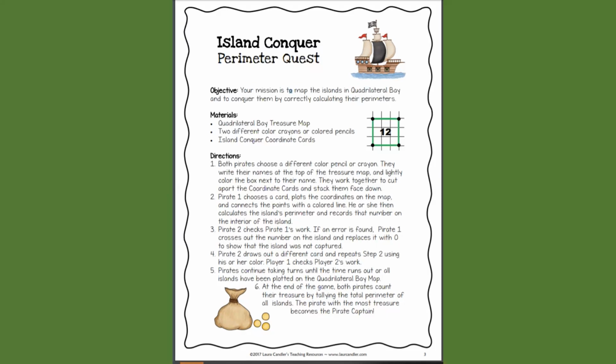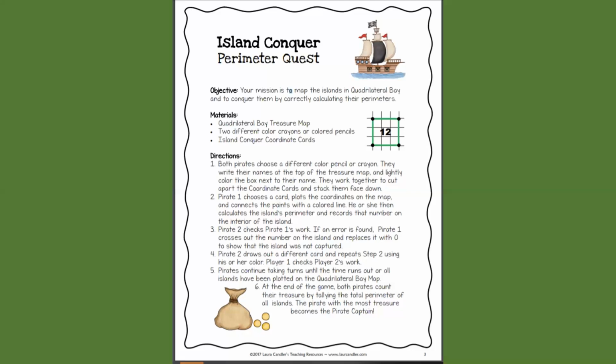Your directions: you are both pirates, so it's a two-person game. Both pirates choose a different colored pencil or crayon. They write their names at the top of the treasure map and lightly color the box next to their name. They work together to cut apart the coordinate cards and stack them face down.